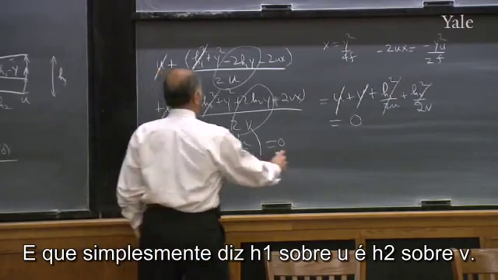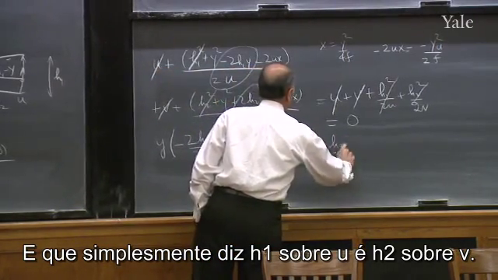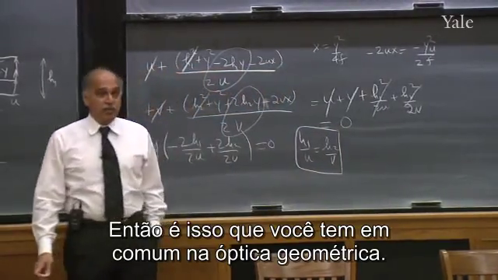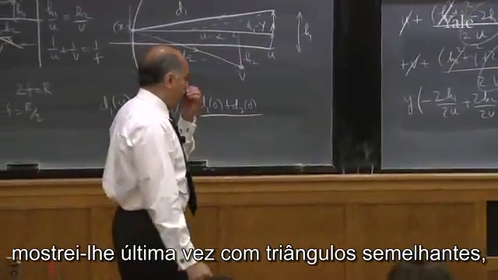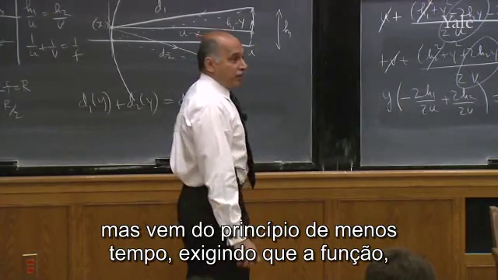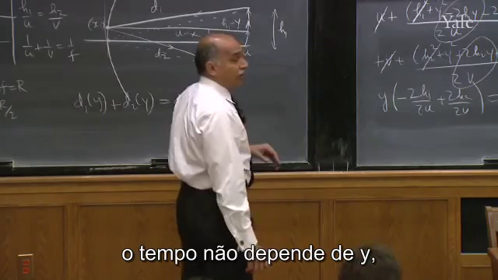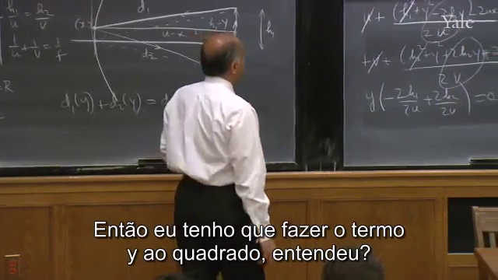And that simply says h1 over u is h2 over v. So this is what you get by usual geometric optics arguments I showed you last time with similar triangles, but it comes from the principle of least time by demanding that the time doesn't depend on y, to first order in y. Then I have to do the y squared term.